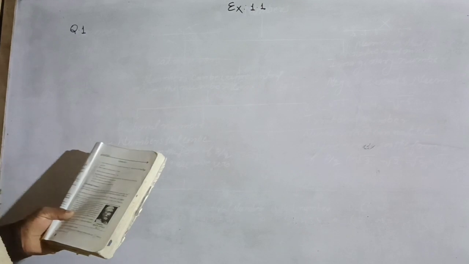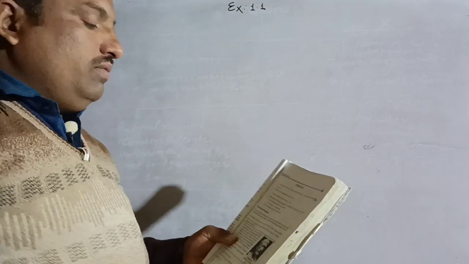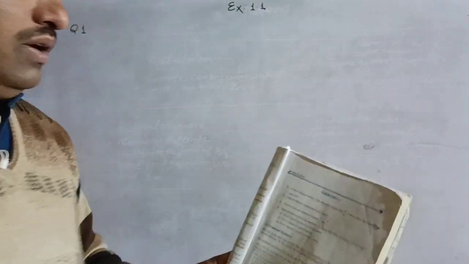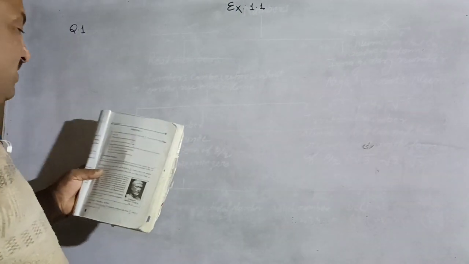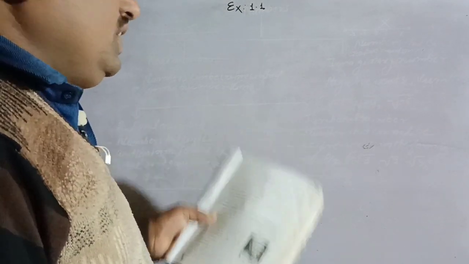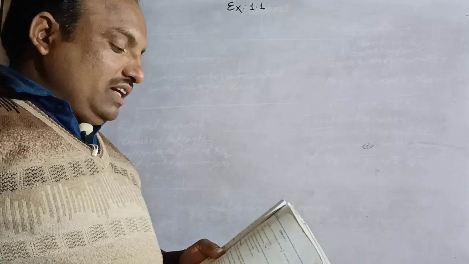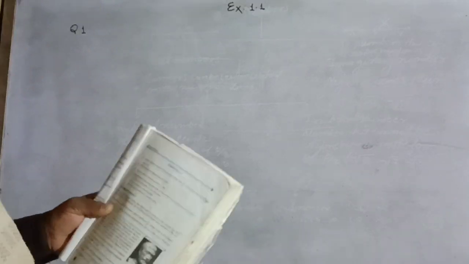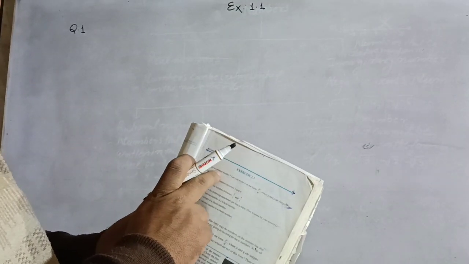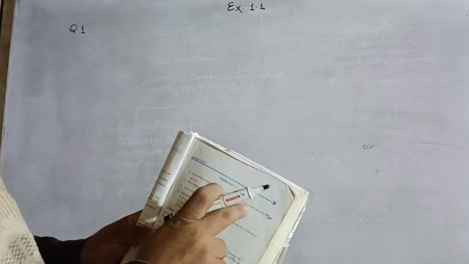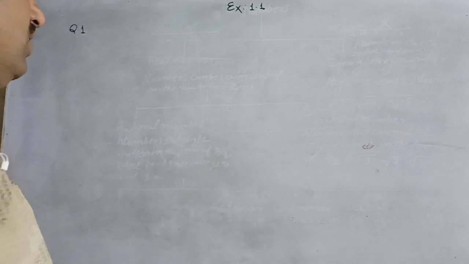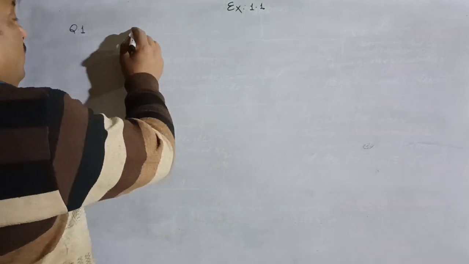Exercise 1.1, NCERT Class 9th. Question number 1: Is 0 a rational number? Can you write it in the form p upon q, where p and q are integers and q does not equal 0?